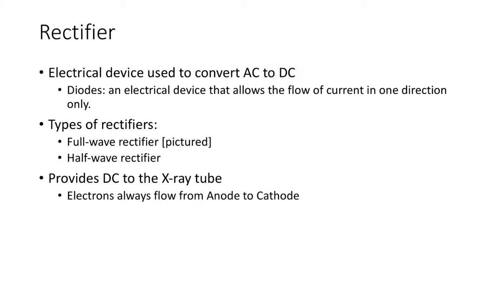DC is direct current, that is current that flows in one direction. This is why a rectifier is necessary, because inside of an X-ray tube, electrons only flow one way, which means electricity only flows one way. Therefore, we need to be able to convert our AC signal supplied by a power company to a DC signal.